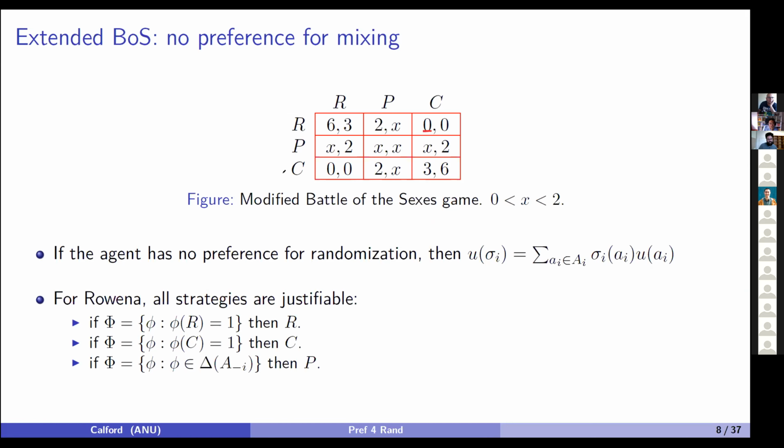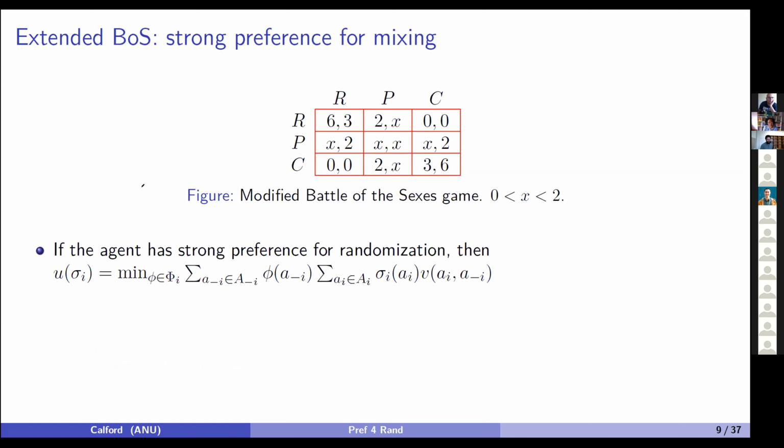If she plays C, the minimizing case is her opponent plays R and she receives 0, so her utility from C is also 0. But the utility from playing P is just X, and X is assumed to be bigger than 0. So in the case of complete uncertainty, her best response is P. So we can justify any of Rowena's pure strategies as a best response to some beliefs.